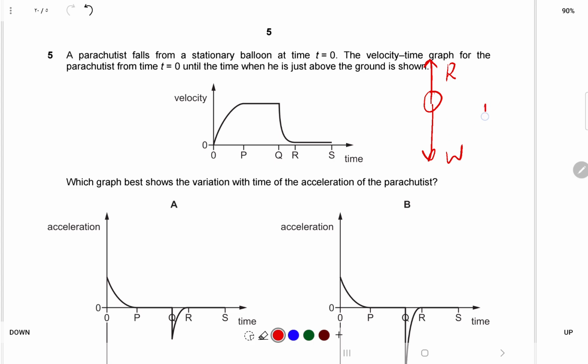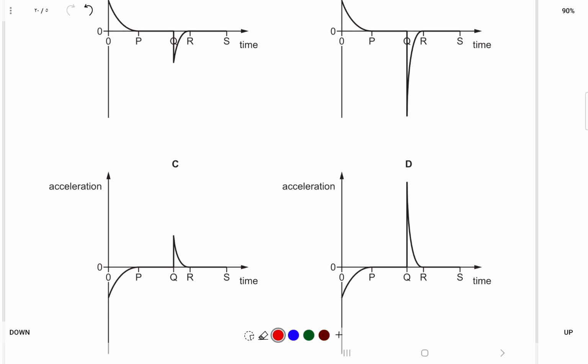So the resultant force F net is acting downward, and F net is equal to W minus R. Clearly, since the resultant is downward, the acceleration is also downward. So the acceleration initially is positive, which means you can eliminate C and D because the acceleration is negative there.